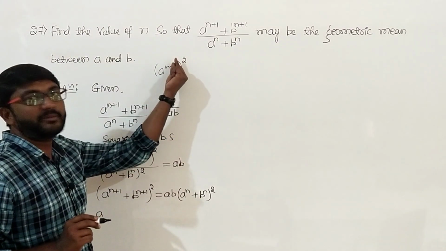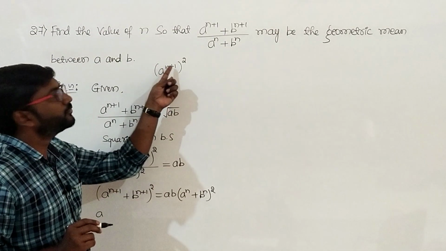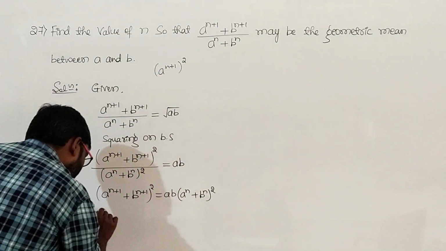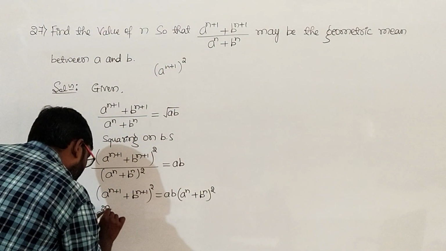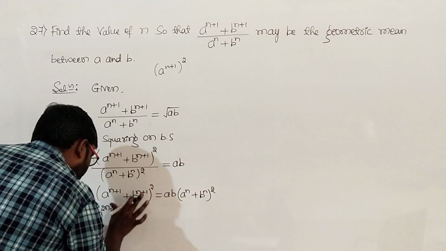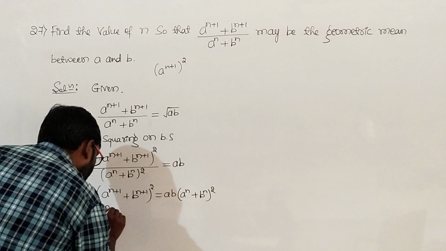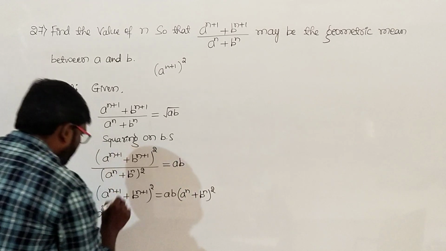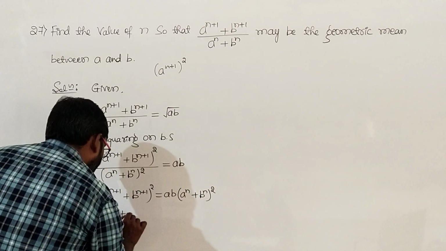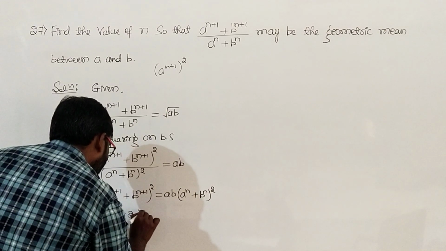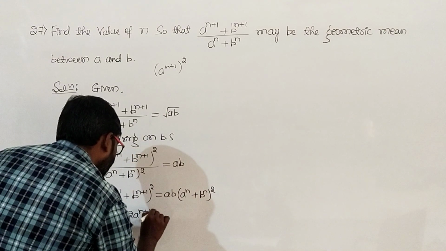These two terms will be multiplied now. So we get a raised to 2n plus 2, this is a square. a square plus 2ab, that is 2 into a raised to n plus 1 into b raised to n plus 1.